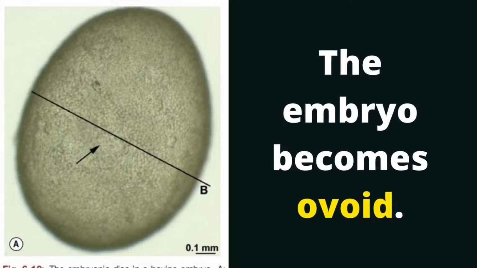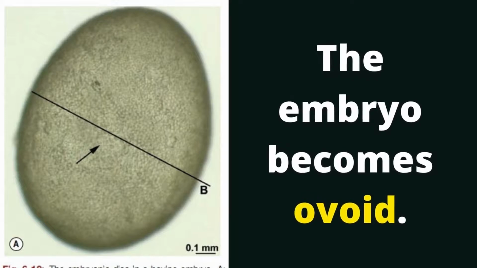During the formation of the embryonic disc, the blastocyst is still expanding. Once the disc is formed, the trophectoderm with its underlying hypoblast becomes reshaped and the embryo becomes ovoid. If we say that it is ovoid, it means it is egg-shaped, just like in this figure.